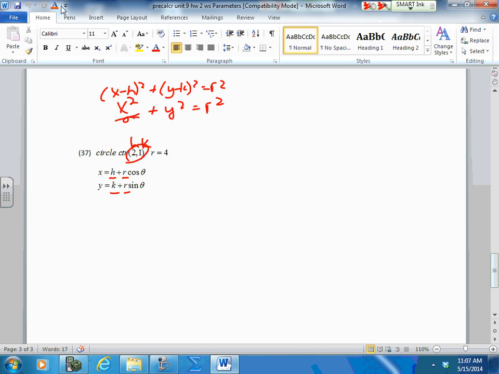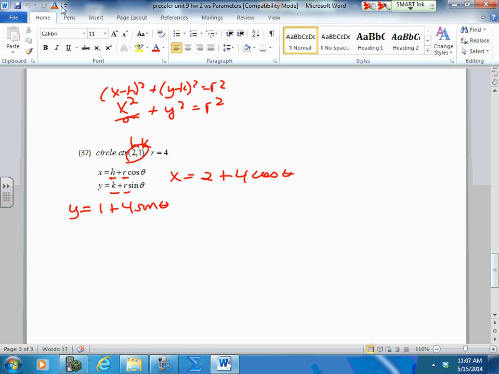Plug those in. So x is going to be equal to 2 plus 4 cosine theta. See what I did? h here, r here. Good? And y is going to be equal to 1 plus 4 sine theta.